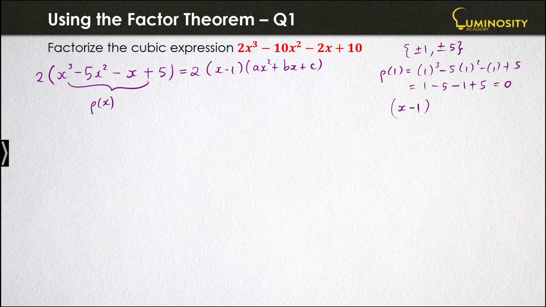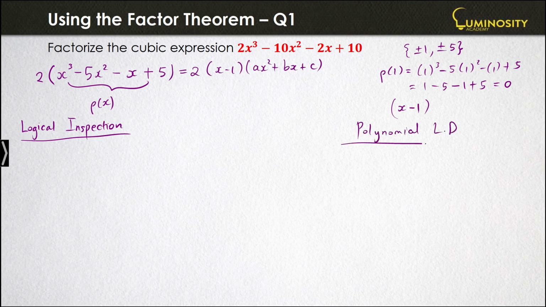I'm going to use logical inspection to check what these values could be, and I'll also do polynomial long division to double check. With logical inspection, 2 times x minus 1 times ax squared plus bx plus c must give me back my 2 times x cubed minus 5x squared minus x plus 5.